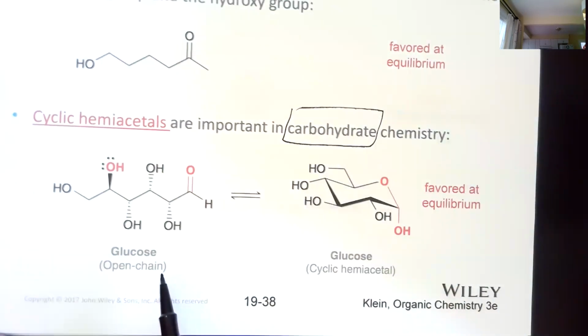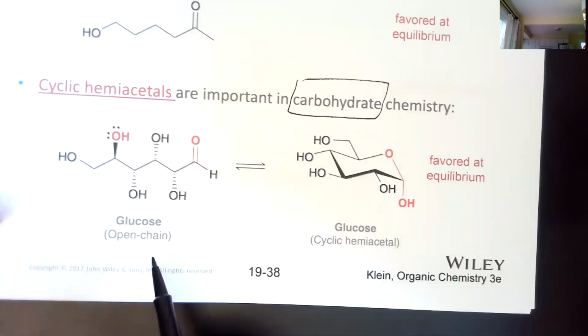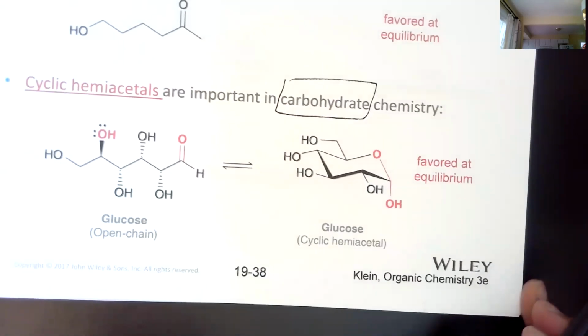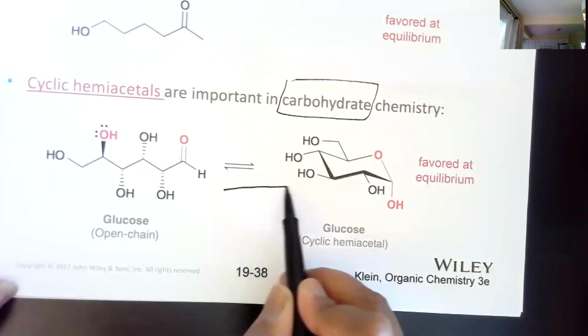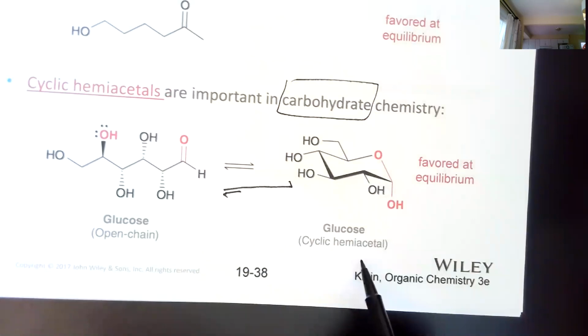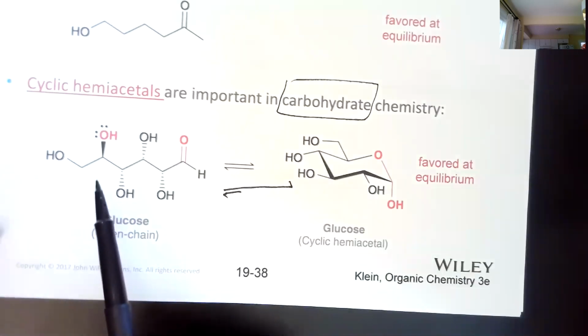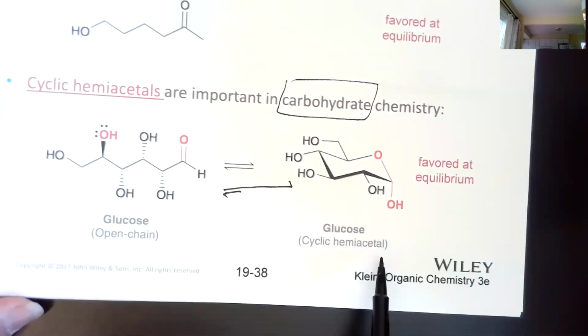So this is glucose open chain, but it is open chain for a very, very short period of time, or the cyclic form is more favored. The cyclic hemiacetal is favored. So your glucose structures, when you learn about this, will always be in this cyclic hemiacetal form.